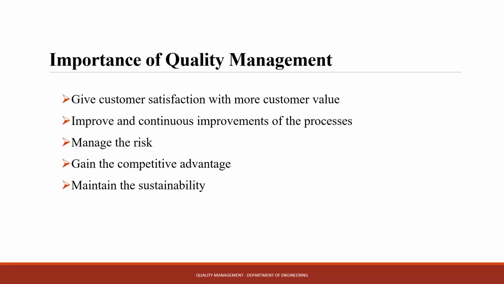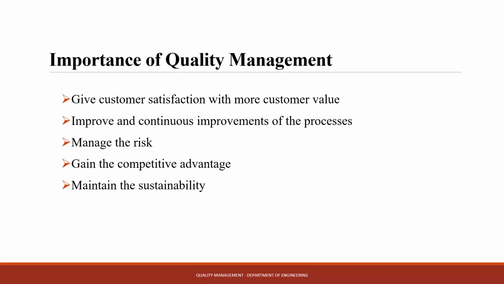Okay, so moving on to the importance of quality management. We can give the customer satisfaction with more customer value. That is actually one of the primary goals of quality management. We can ensure that the product or the service meets or exceeds the customer expectation. That is our ultimate goal, right? By focusing on quality, we can provide more value to our customers.